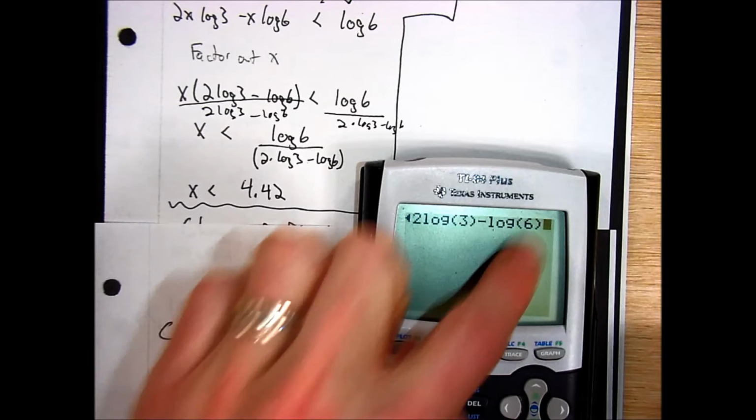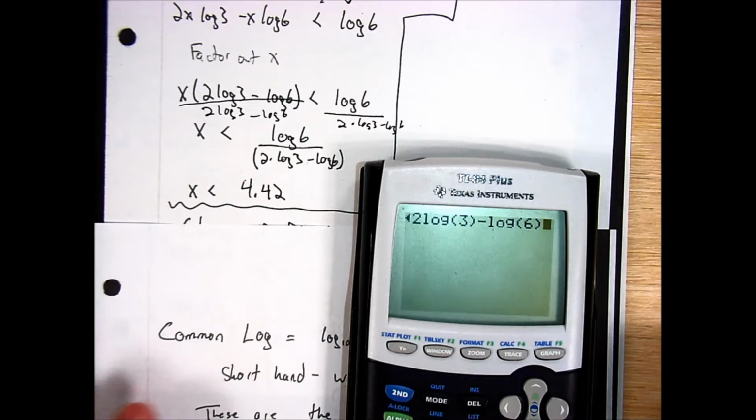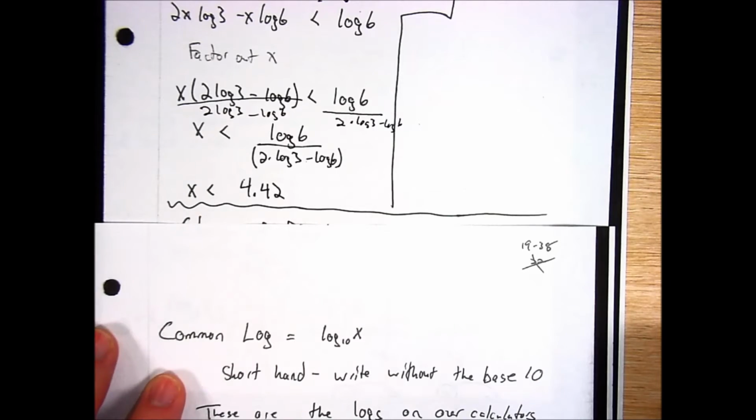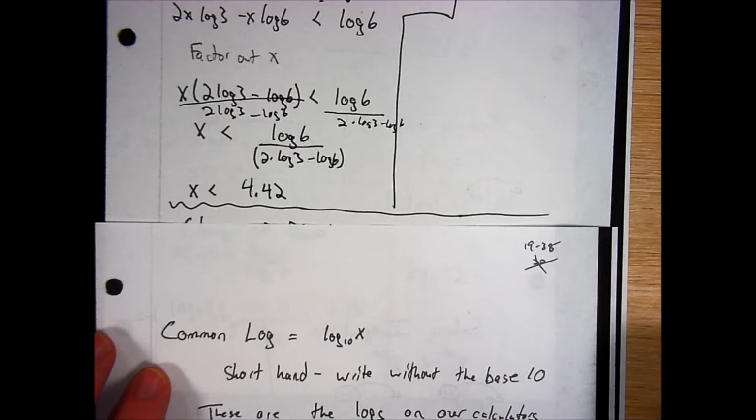Okay, and now I need to add another closed parenthesis to close up the one that I started right away at the very beginning. And we should get 4.4190, and I rounded it to 4.42 for this problem.